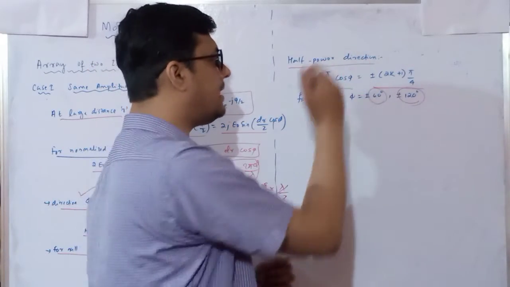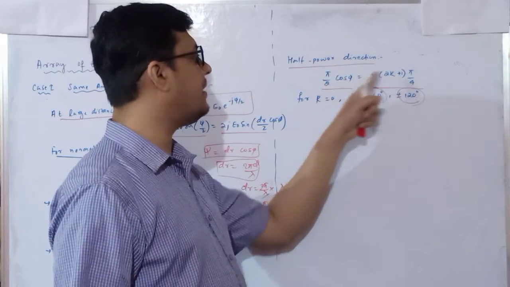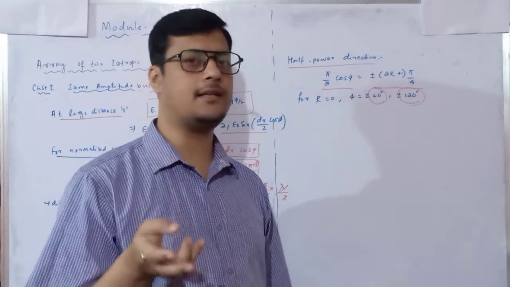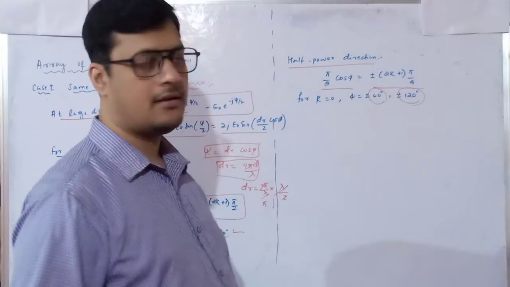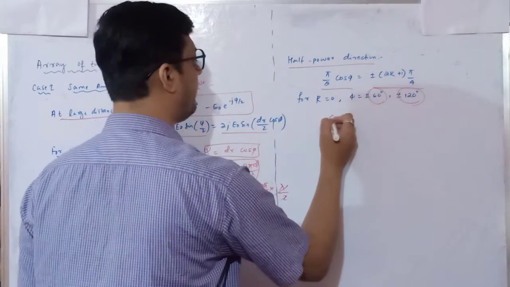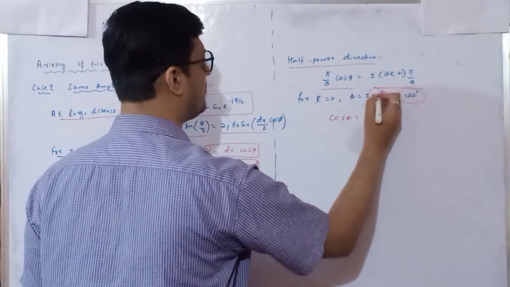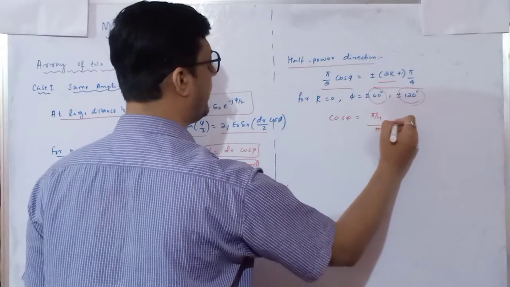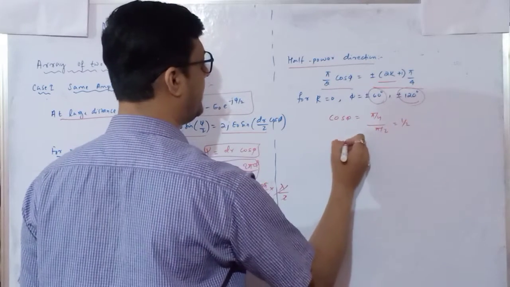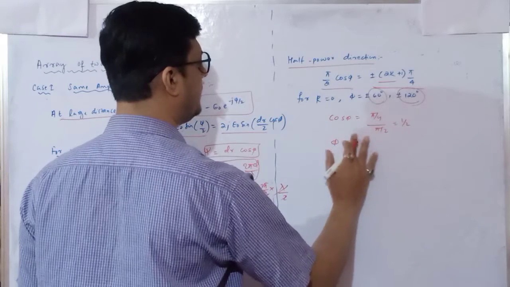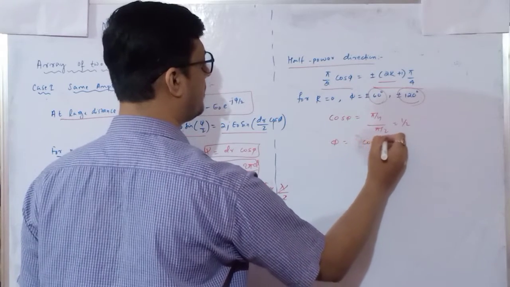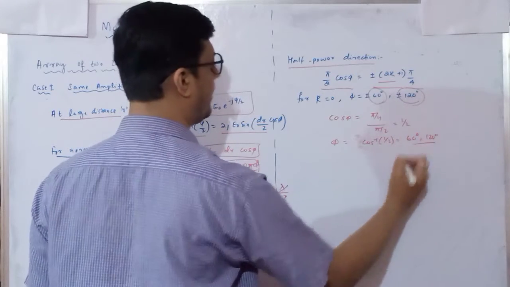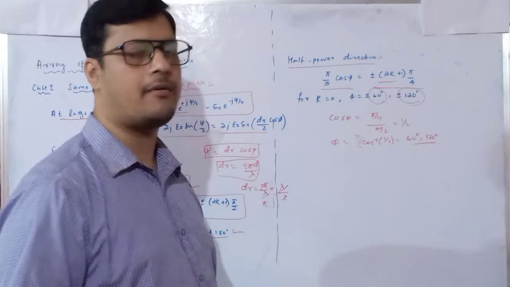So when k equals 0, if it is 1, then pi by 4 divided by pi by 2 is half. So cos phi is half, and here I will put phi as cos inverse of half. Either it is 60 degree or it is 120 degree. So this is the half power direction.